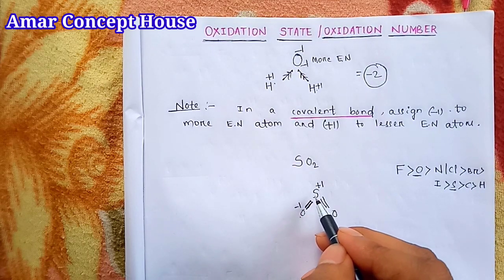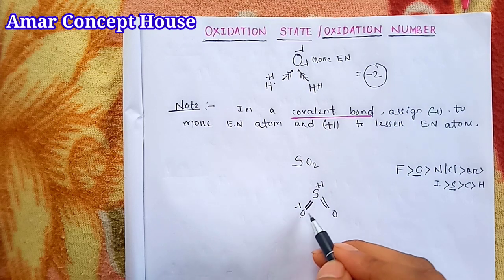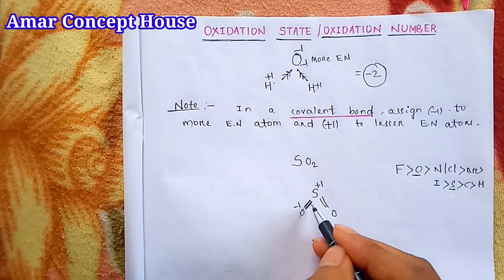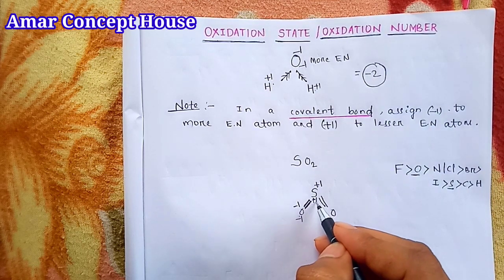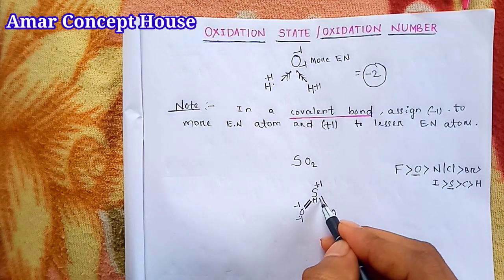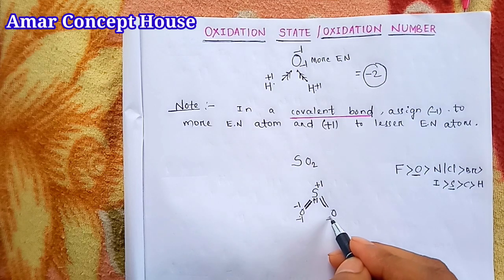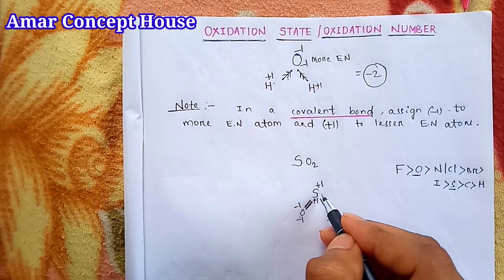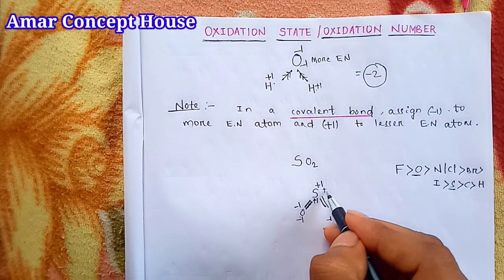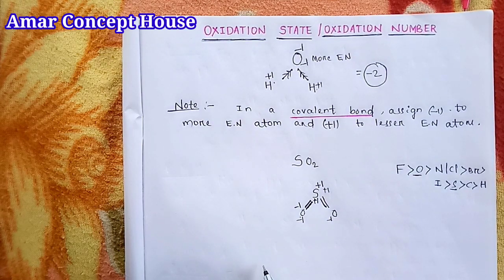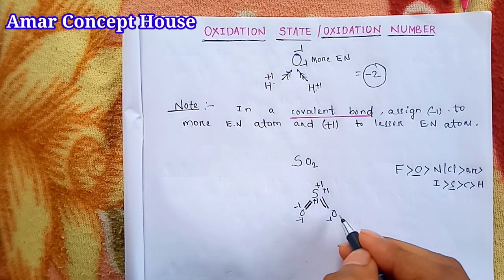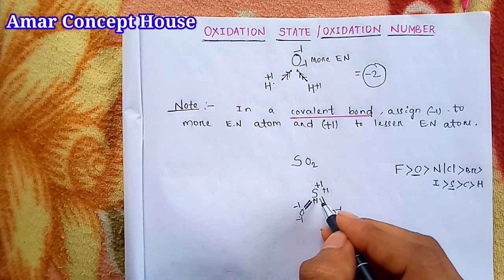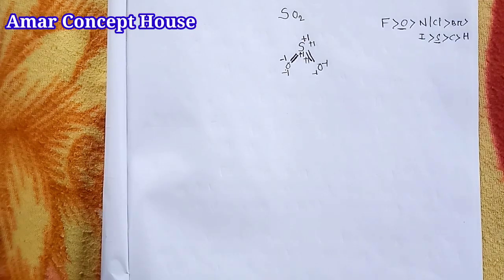Now for this one it is -1 and on sulfur +1. Similarly for this one it is -1 and it is +1. And for this one it is -1, on oxygen -1 and on sulfur +1.